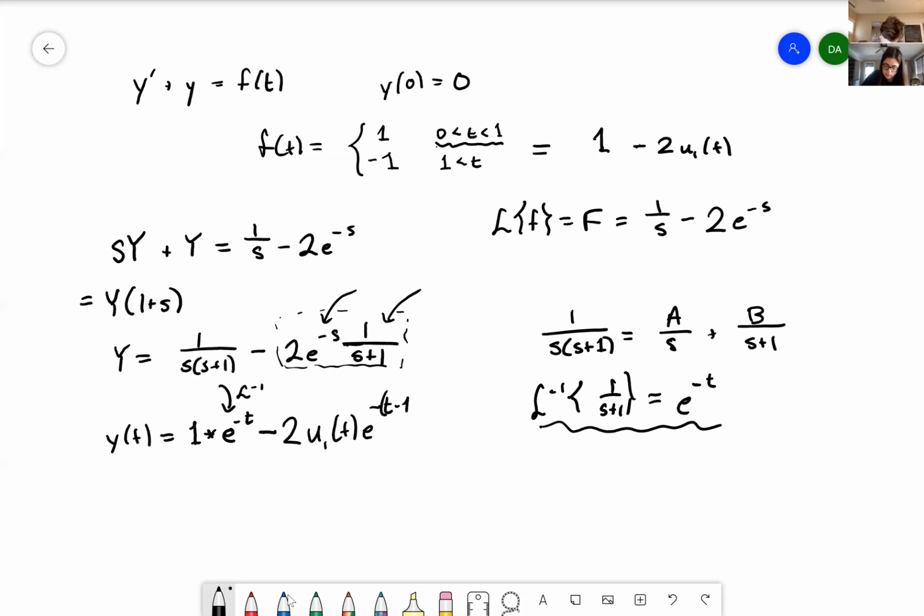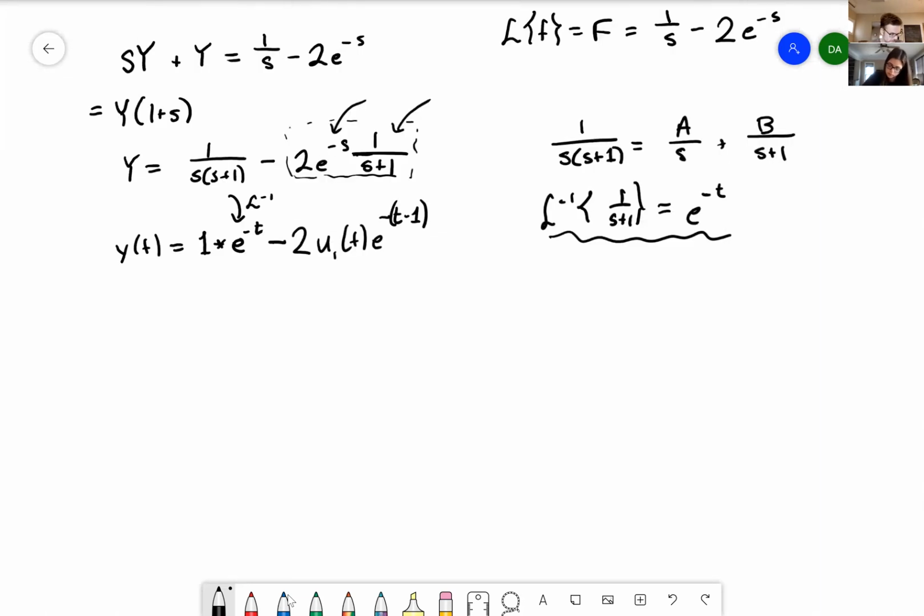So e to the minus (t minus 1). And separately, 1 convolved with e to the minus t.